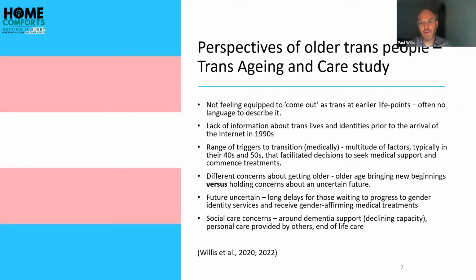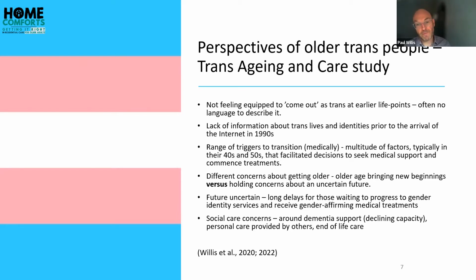Whereas for others, people who had been waiting a long time to access gender identity clinics, and to receive the treatments associated with transitioning medically, the future was very uncertain and very ambivalent, and they held a lot of concerns about running out of time, particularly for some of the participants we spoke to who were in their 70s.